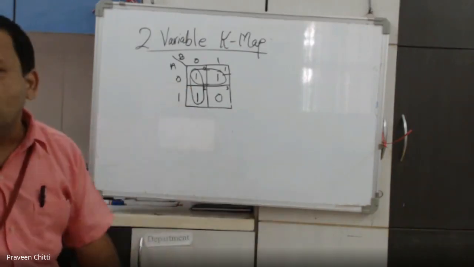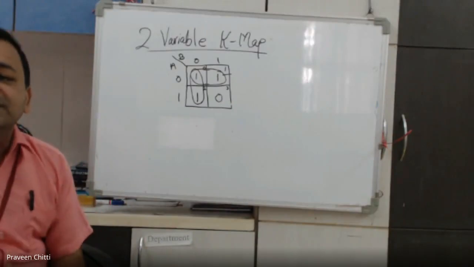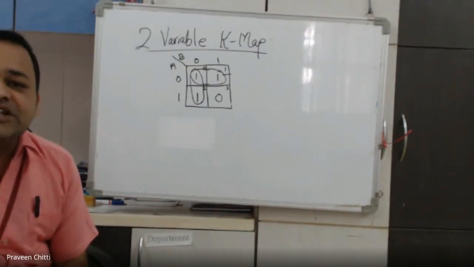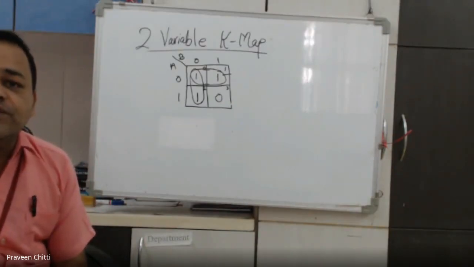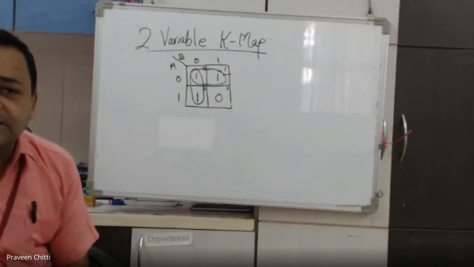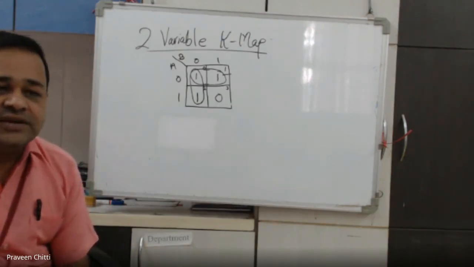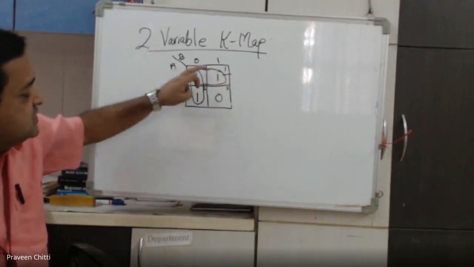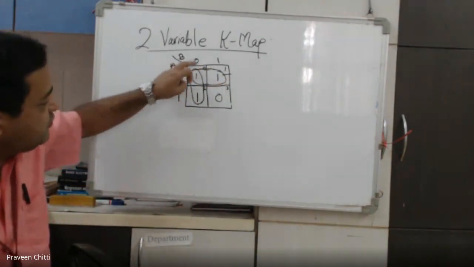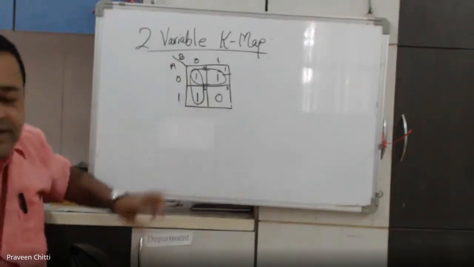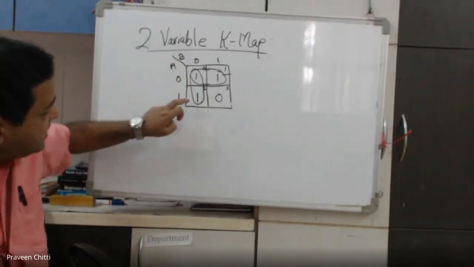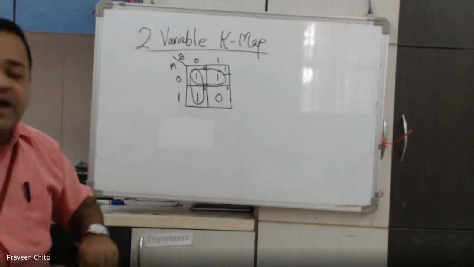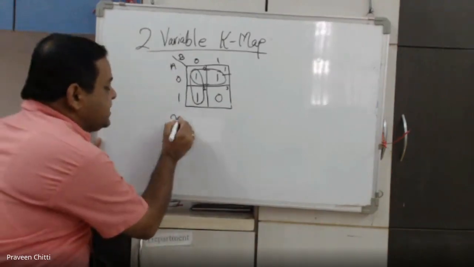Overlapping is allowed in the K-map as long as you are going to cover some other literal or term with it. Like you can't, for example, form this group and there is only one, you can't form one more group if there is no one here. Now since there is one, I can combine this one with this.